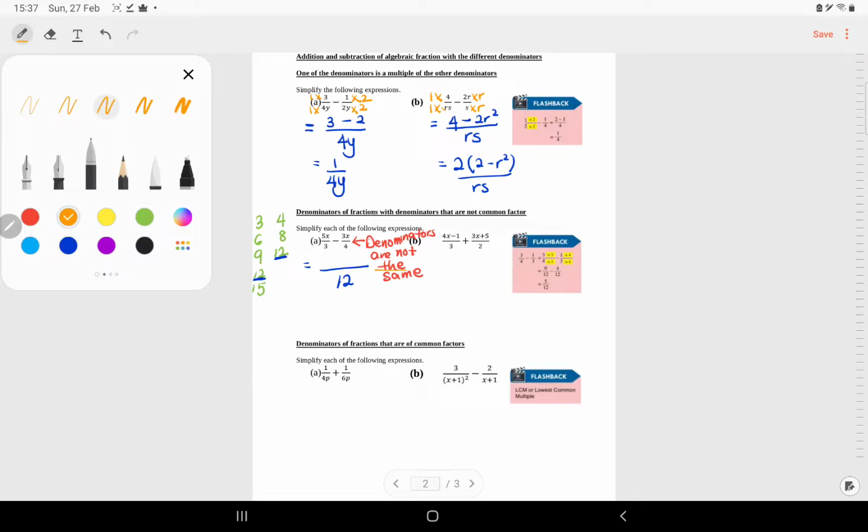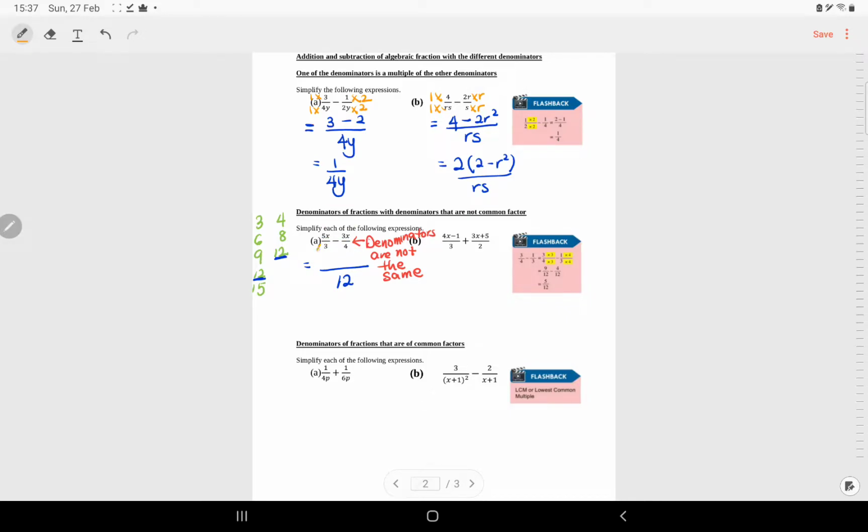If we have a common denominator of 12, the denominator 3 here you will need to multiply by 4 to get 12, so you also multiply by 4 in the numerator. Same thing for this fraction: you multiply by 3 to get 12, and you multiply by 3 in the numerator.